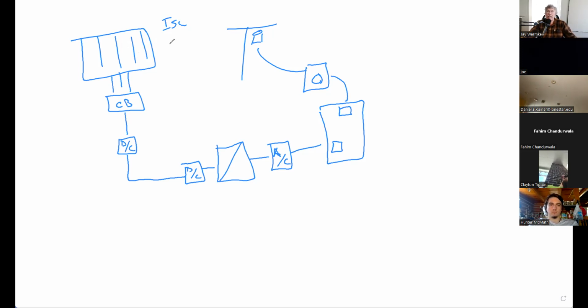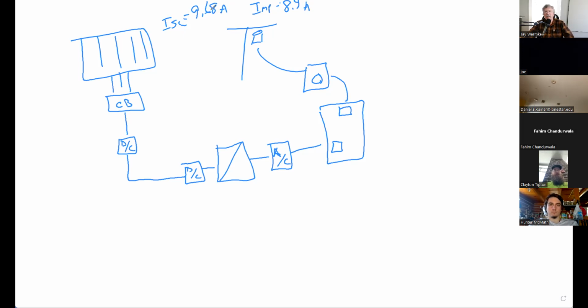The ISC is the theoretical maximum amperage at standard test conditions. So let's say the panel we've selected has an ISC of 9.68 amps. And it might have an IMP, like where it's actually producing, might be 8.9 amps.